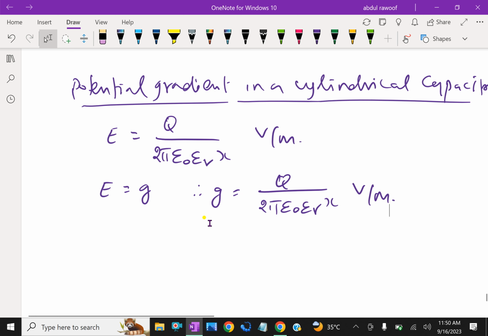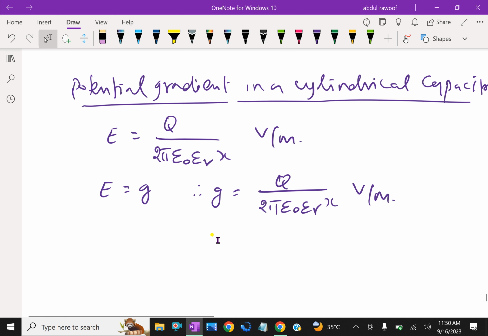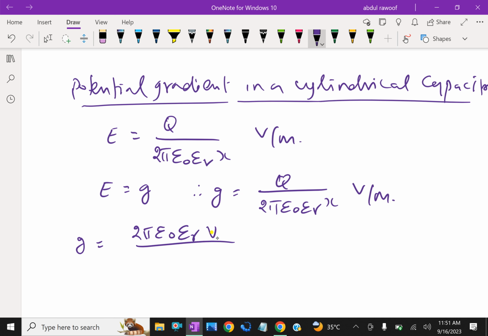Now substituting the Q value, we get G equals 2 pi epsilon 0 epsilon r V over log e b by a, over 2 pi epsilon 0 epsilon r x.